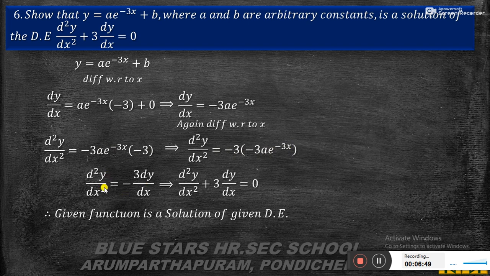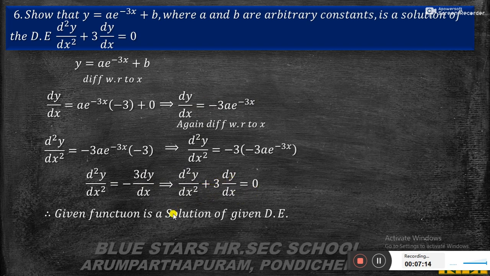So d square y by dx square equal to, in the next step, minus 3 into minus 3a e power minus 3x. So minus 3 into a e power minus 3x is dy by dx. So I write it as minus 3 into dy by dx. The right hand side term I write on the left hand side. So d square y by dx square plus 3 into dy by dx equal to 0.